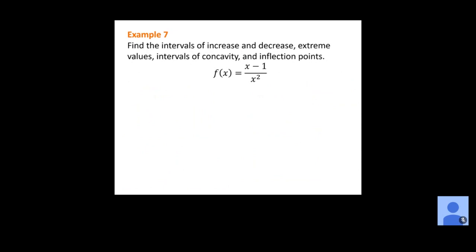All right. Example 7. We want to find intervals of increase and decrease, any extreme values, the intervals of concavity, and any inflection points. All right, so what's the first thing we're going to have to do here?